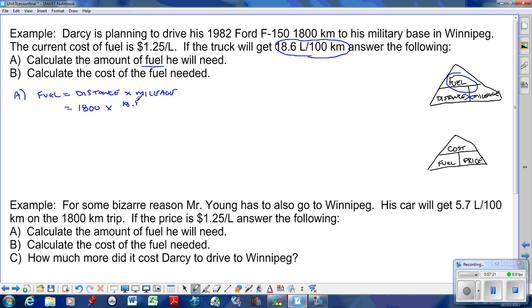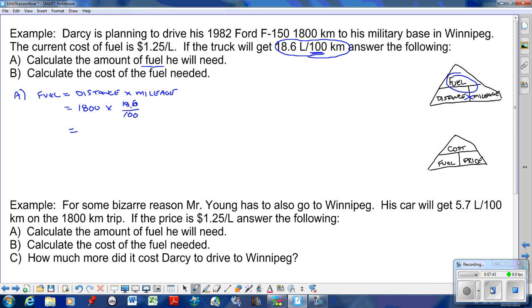We have to enter it in as 18.6 divided by 100 because in Canada we always reference our fuel economy with respect to how many liters it'll take to go 100 kilometers. It's just the notation we've adopted. So as long as you remember that, it's straightforward from that point.